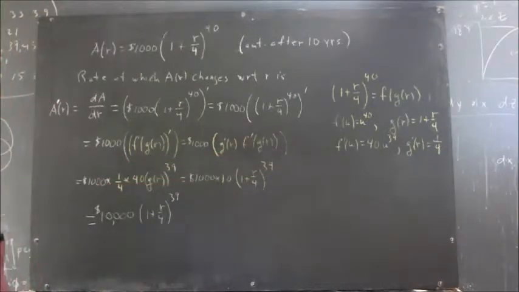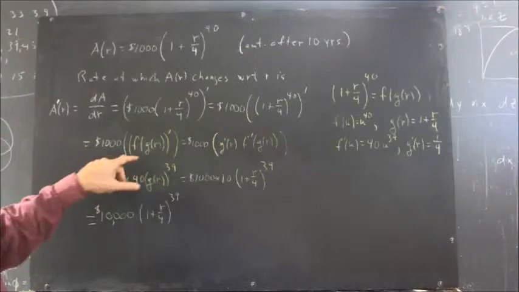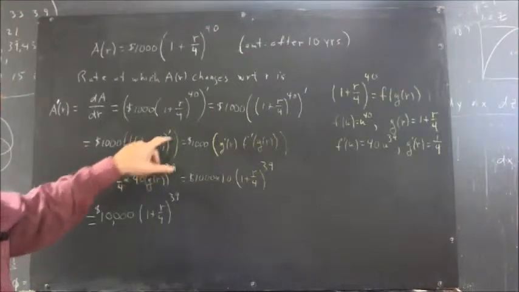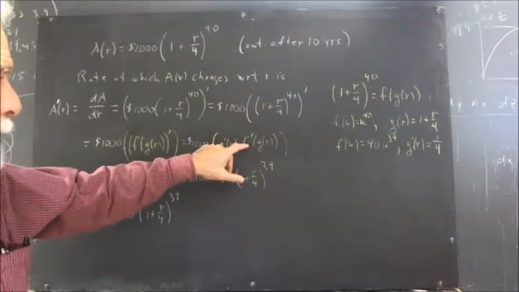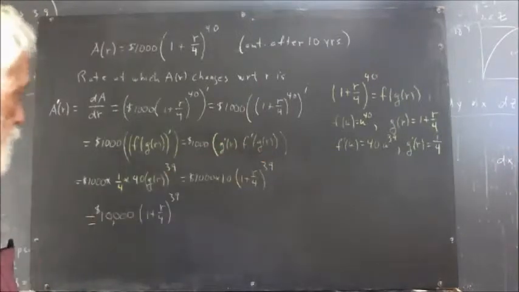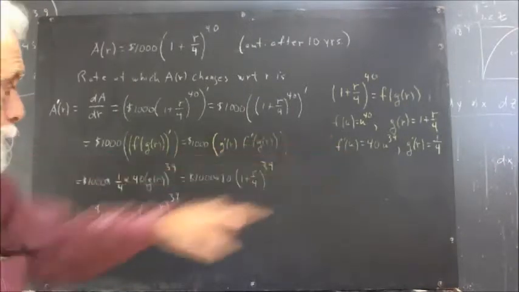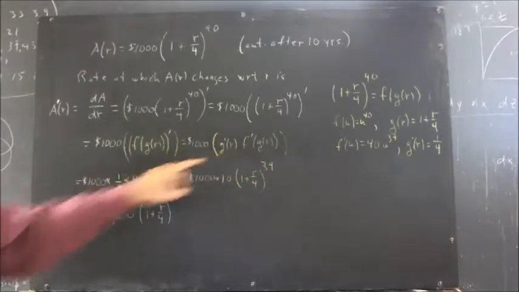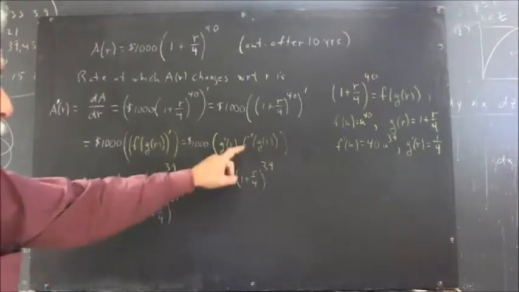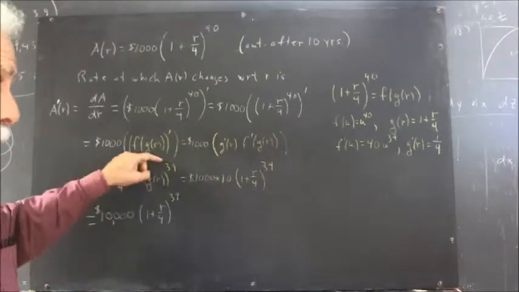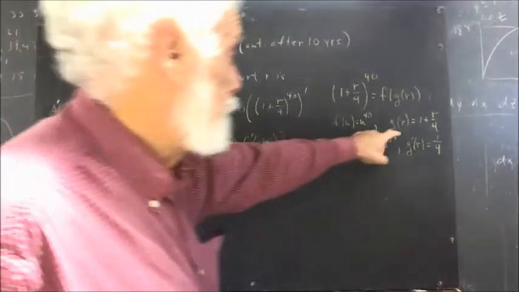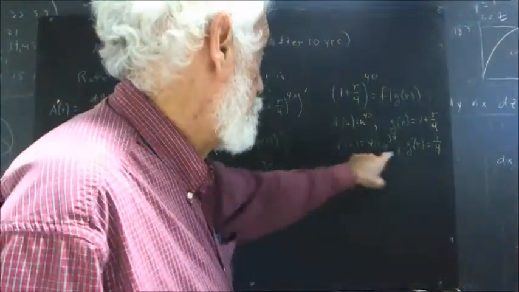So that's going to be $1,000 times your f of g of R prime, and that's going to be $1,000 times g prime of R times f prime of g of R. g prime of R is 1/4, so here's our 1/4 representing the g prime of R. And our f prime of g of R is going to be 40 times g of R to the 39th, plugging g of R in for u in the f prime function.